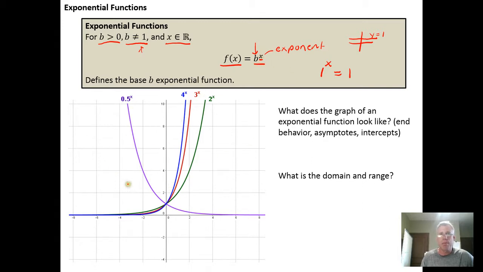So there's a couple pictures here that are classic exponential functions where you have different choices of base. I have base 2, base 3, base 4, base 1/2. So these are just some common examples of exponential functions. The toolbox function, if you have a more complicated looking exponential function, the toolbox function is always going to be the base to the x.